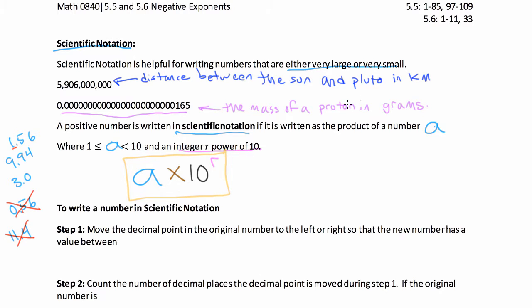And the reason scientific notation is helpful is because, and this is kind of cool, if I have 14 times 10, the way I do that is I just add a 0. And if I have 14 times 10 to the negative 1, that's the same as 14 divided by 10, and that is 1.4.